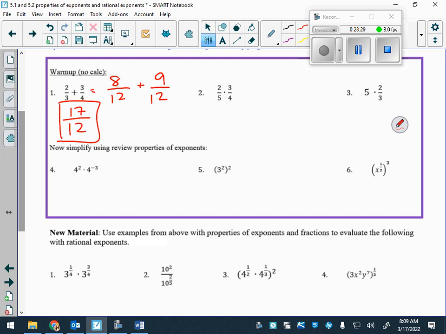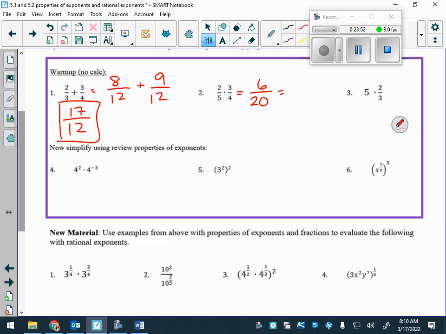Okay. Now when it comes to multiplying, you would do the same thing if you were subtracting. When it comes to multiplying, what do we have to do? Well, straight across. Excellent. 6 over 20, and then see if it could be reduced. Can this be reduced?